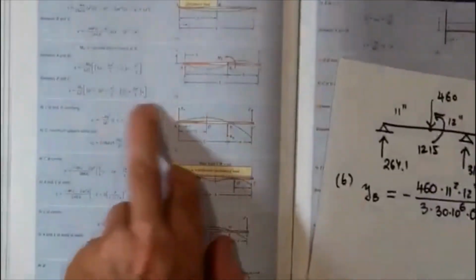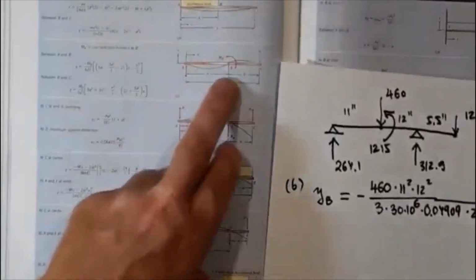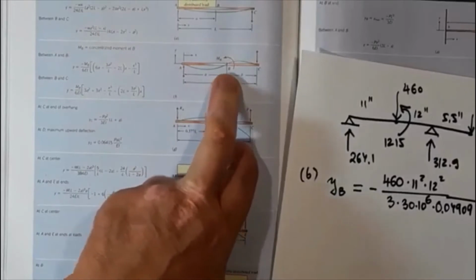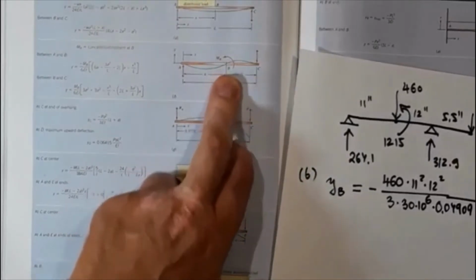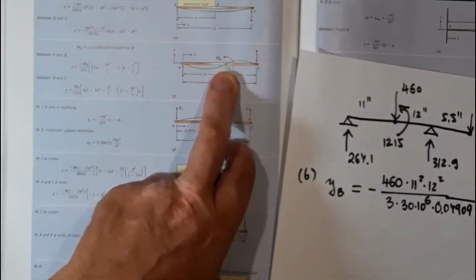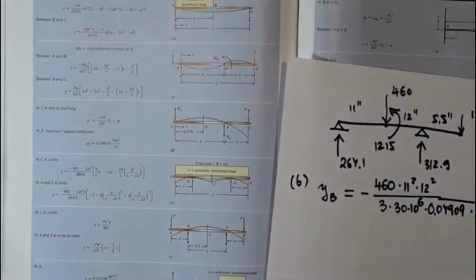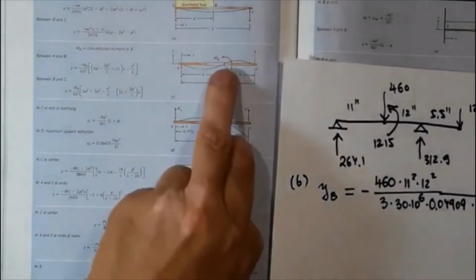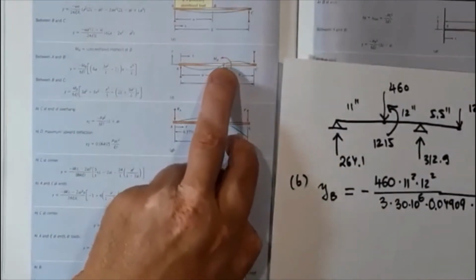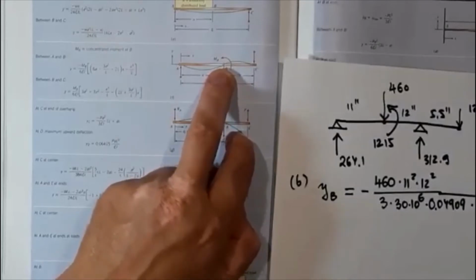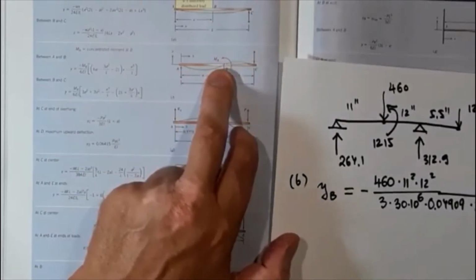We look at case F now. So I have case F, and I have deflection where the moment is concentrated moment at M. Actually, there is no deflection there, so that's good news.